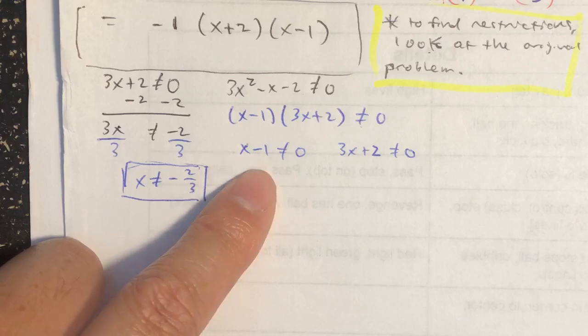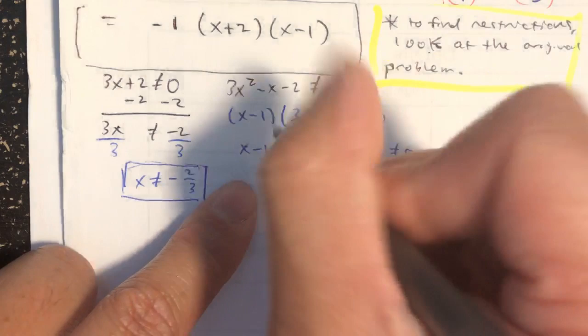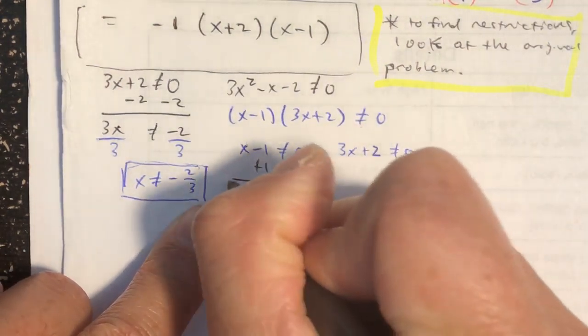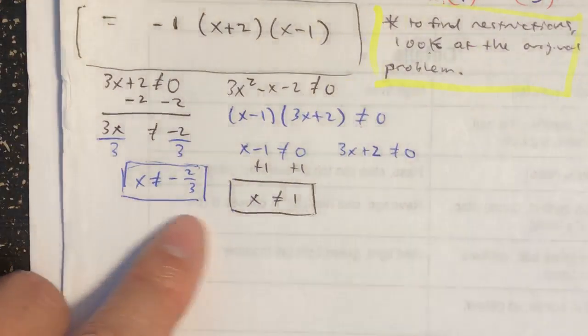And so here, to solve this one, we're just going to add 1. So x cannot be 1. This is my second restriction.